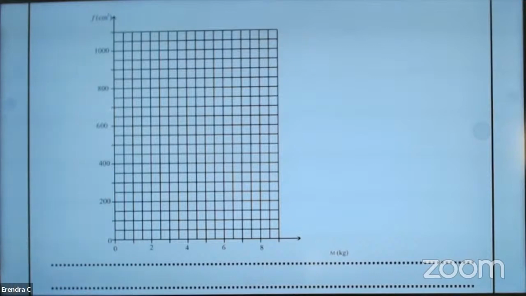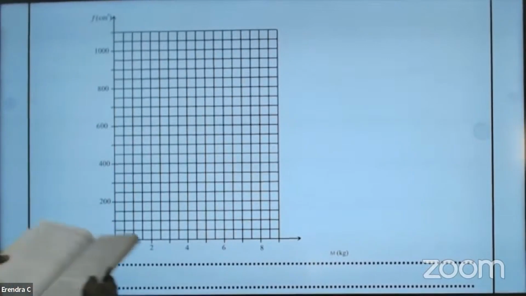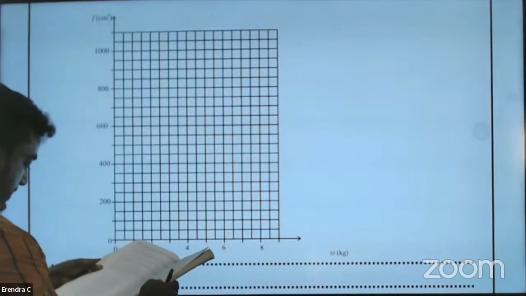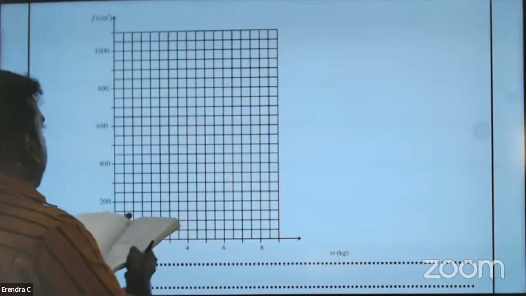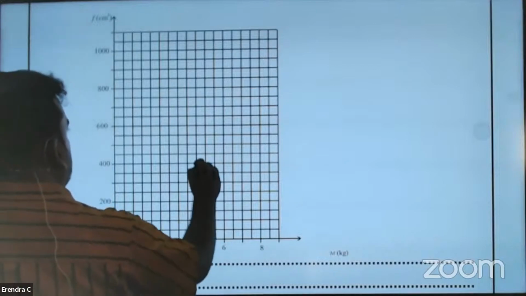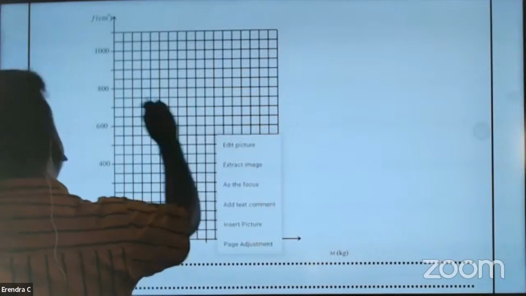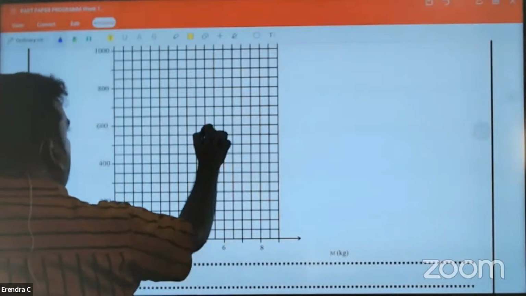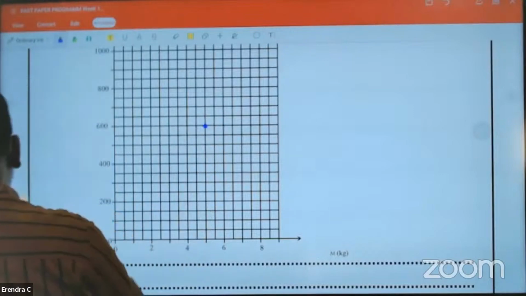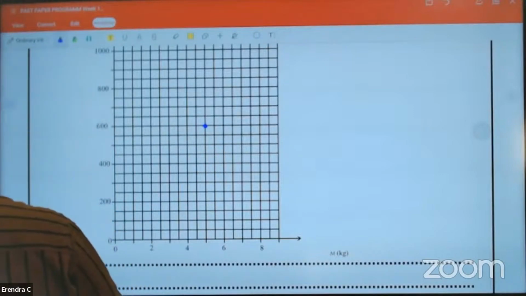So if I show it here, 605 it goes through. I'll draw this and give it, don't worry. 605 it goes through. What else?